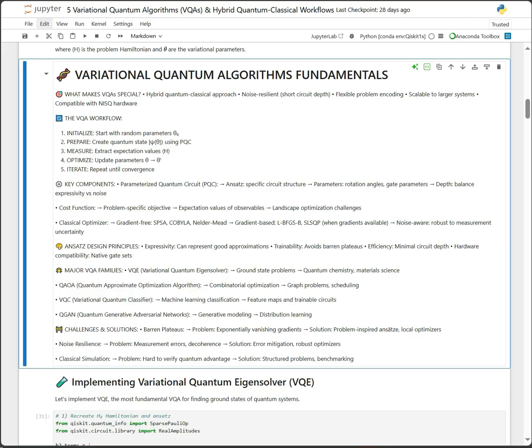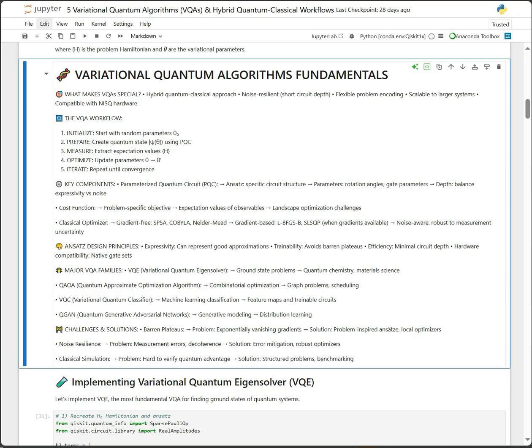Quantum computers prepare special quantum states using short and parameterized circuits, and classical computers optimize the parameters by measuring the results and calculating improvements. If you think of it as an iterative loop, quantum and classical work together, and they're going to get better in each iteration.